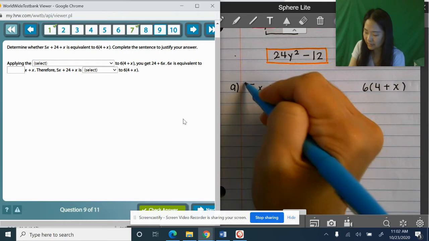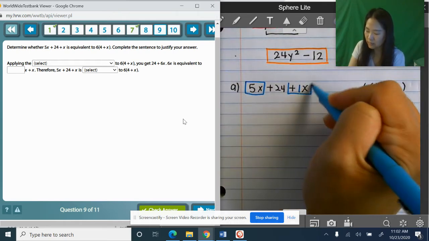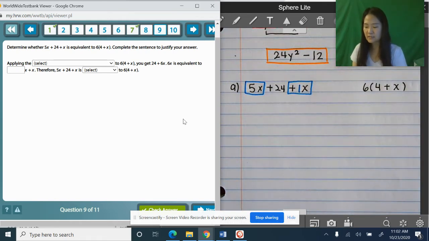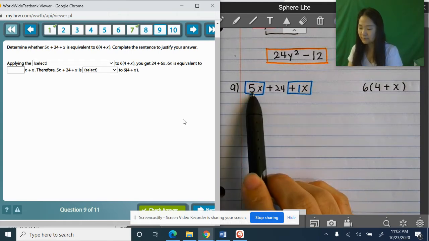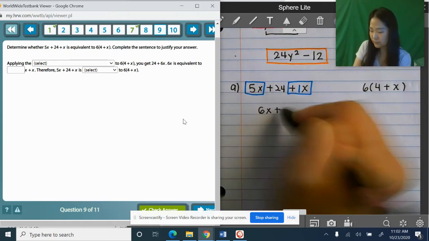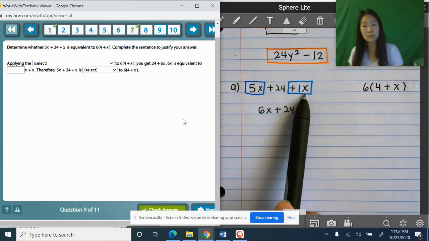I have 5x and then plus 1x. So when you combine 5x plus 1x, adding up the coefficients, 5 plus 1, 6x plus 24 is what I get when I simplify this expression.